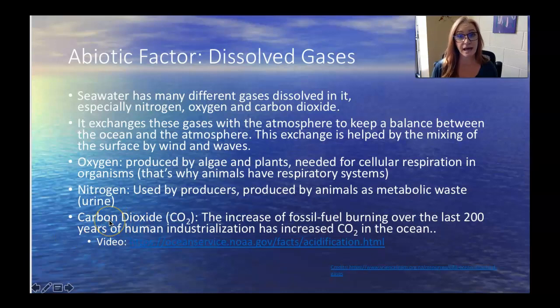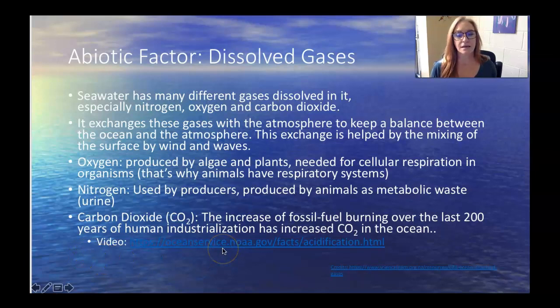And the third gas that is dissolved in higher proportions is carbon dioxide. And this is the bad one. We just finished watching a very good documentary on global climate change and how it's affecting the ocean. That's not just limited to coral reefs, it's limited to the entire ocean.